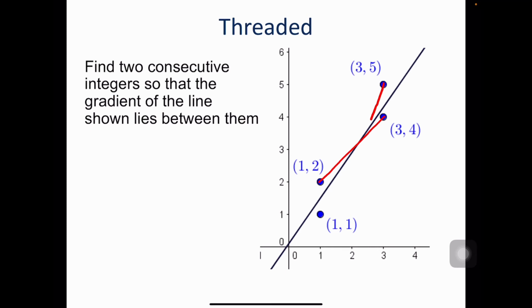I'm not going to say why right now. Oops, sorry, that line isn't too straight. But I'd like you to use that. Maybe think about gradients, think about changing y over changing x. And yeah, hopefully it helps you. Press pause, try to answer this question. Press play when you're ready to see the answer.